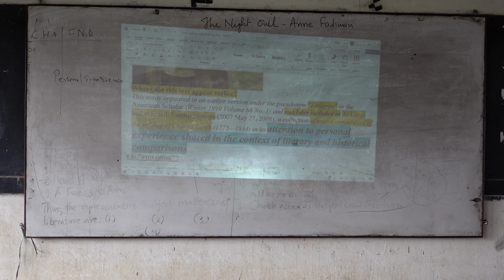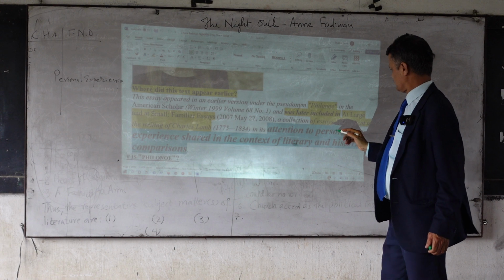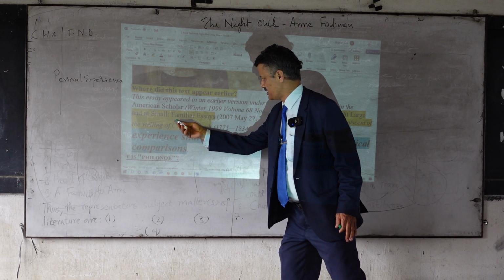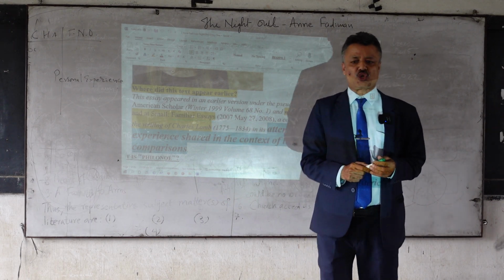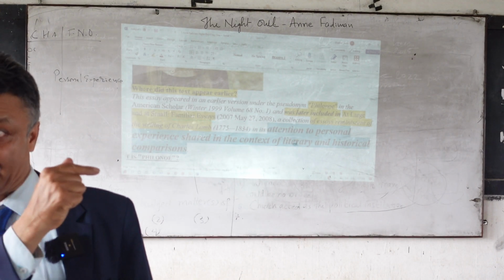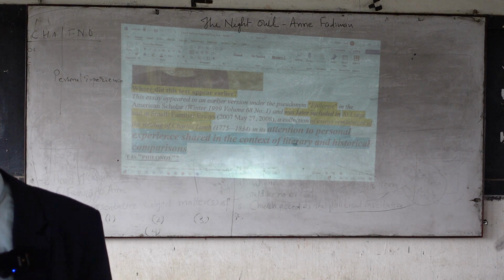So this genre that we call the familiar essay. What is the genre of this essay? The previous essay was memoir. The previous essay by Chang Rae Lee was narrative.